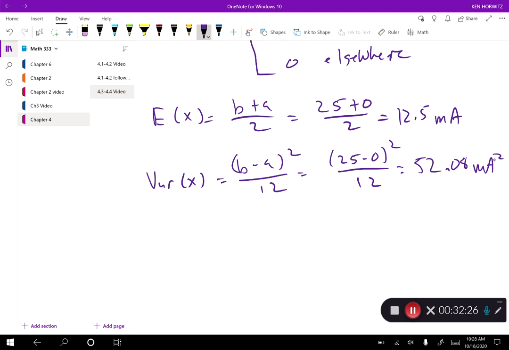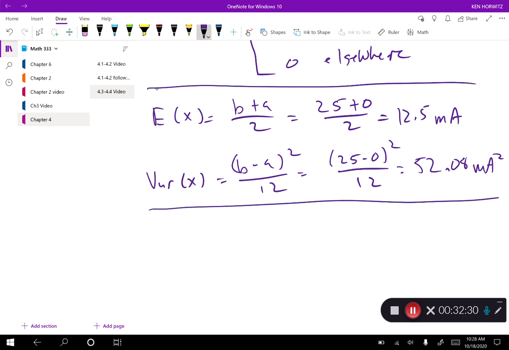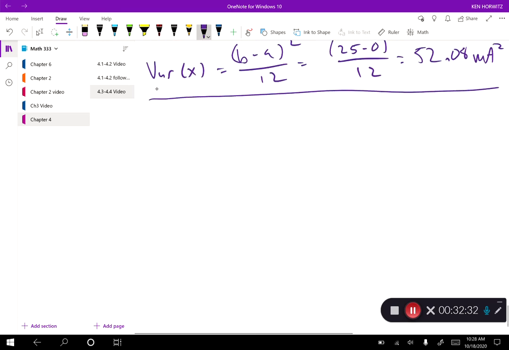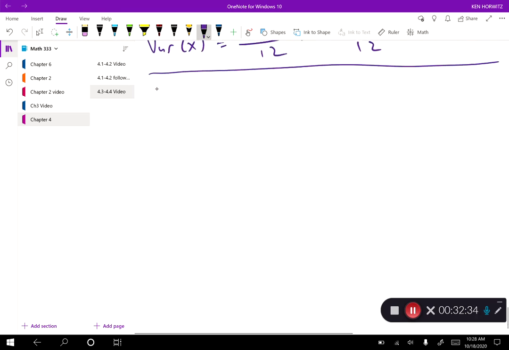All right, so that was piece number 2. And then the last piece asked for the CDF. Now the CDF, big F of x, is obtained when you integrate my little f from negative infinity to x.